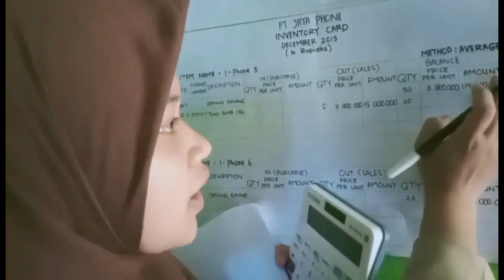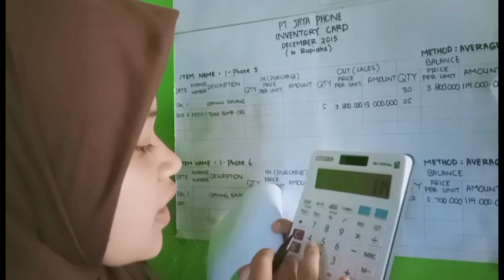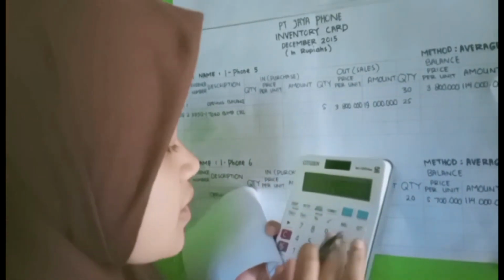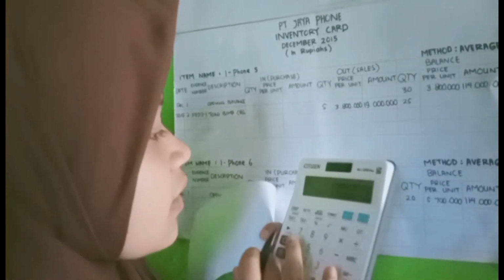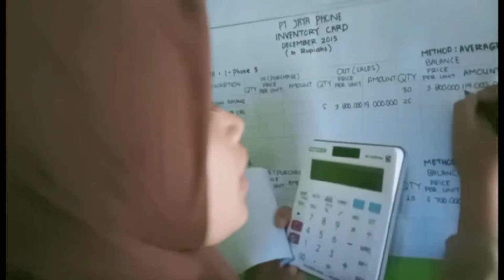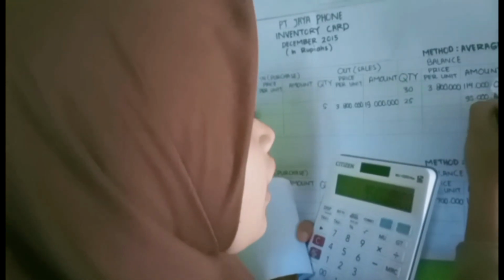For amount, 114 million rupiah minus 19 million rupiah equals 95 million rupiah.